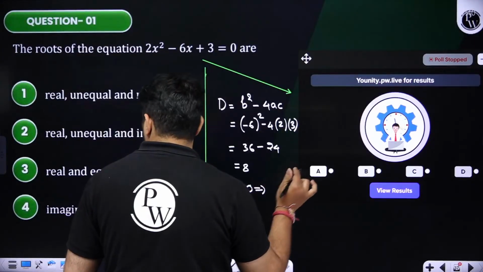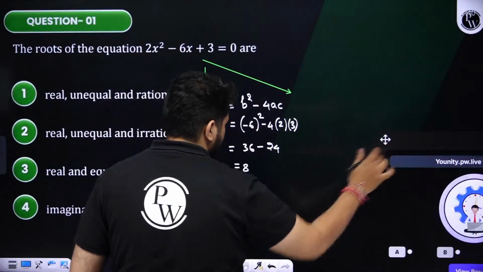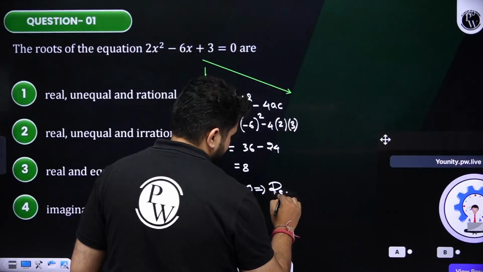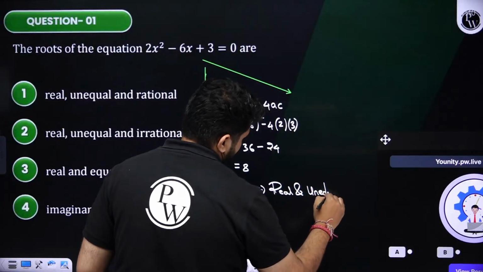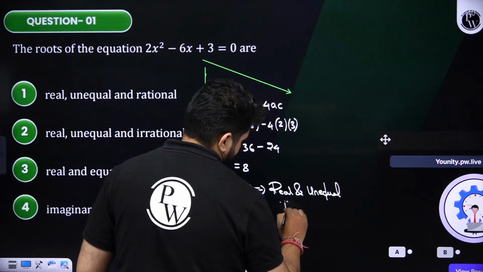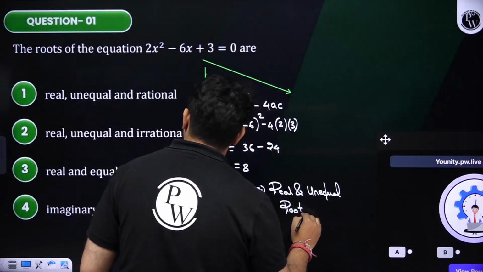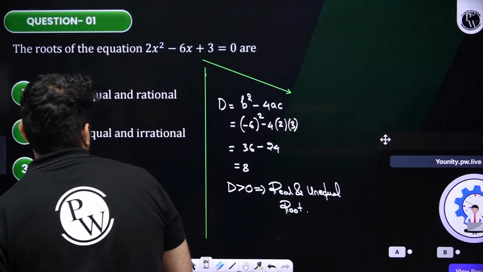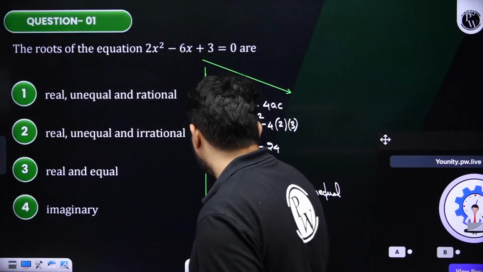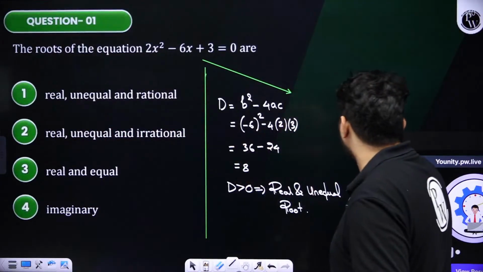This means what, real and unequal roots, real and unequal roots. Right? So real, unequal and rational, irrational, imaginary. Okay, now we need to see what kind of roots it has.